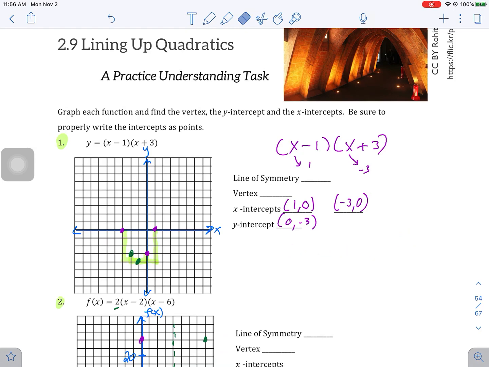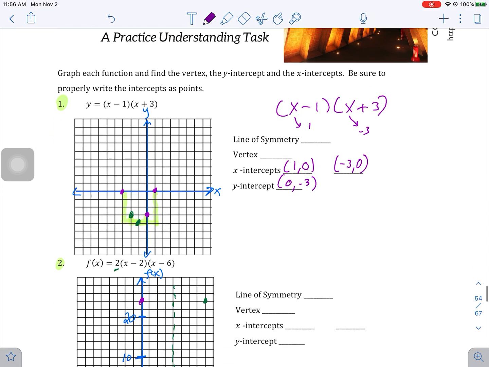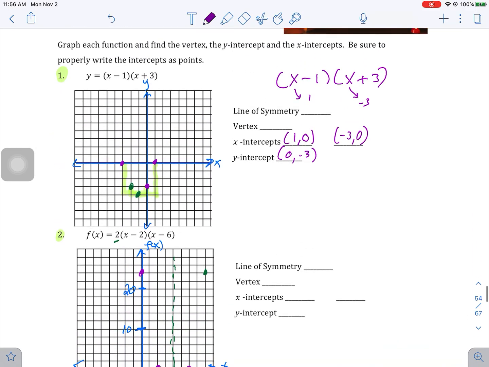It's going to be halfway between the two x-intercepts. So on this one, it's right through here. So the line of symmetry is x equals negative 1. The vertex is at x = -1. To find the y value, you can find y of negative 1.